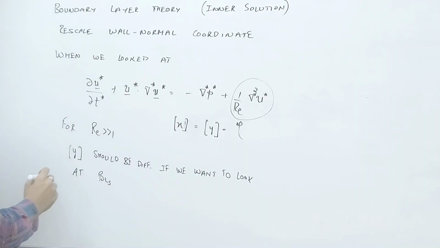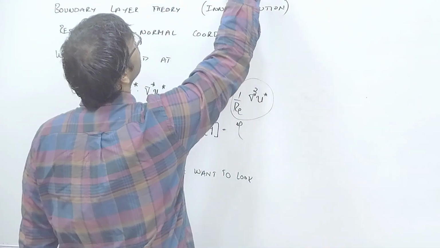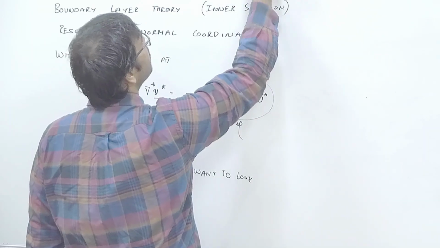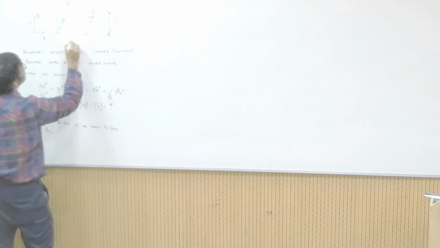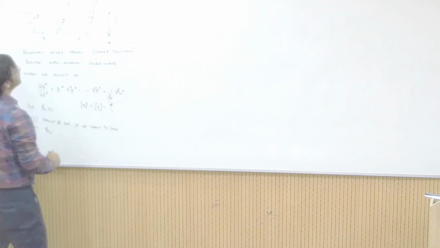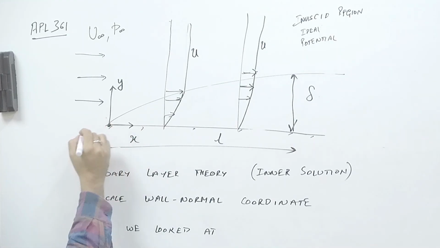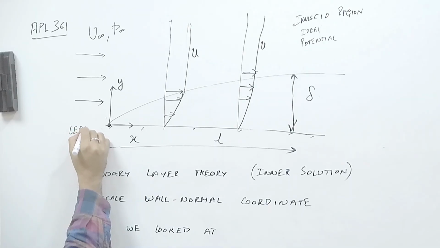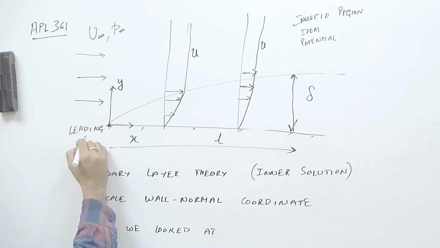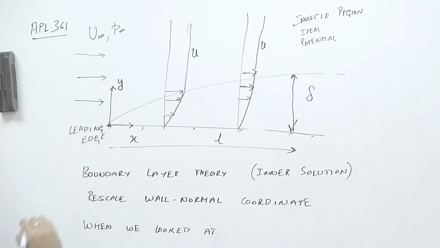Okay, and the idea here is that the length scale in y should be some boundary layer thickness at some downstream distance L. Okay, so this point, which is x equal to 0, y equal to 0, is usually called the leading edge for the obvious reasons.